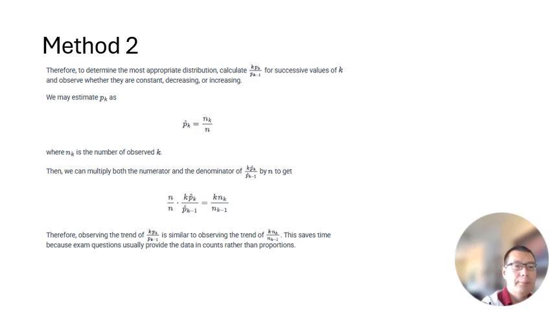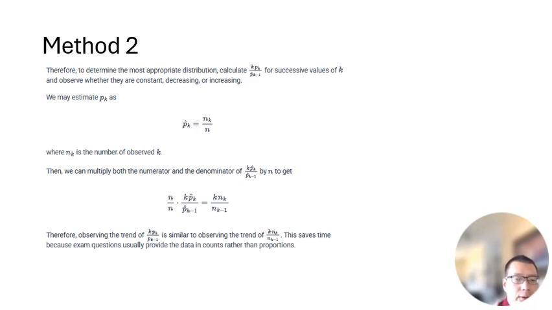We may estimate pk as nk divided by n, where nk is the number of observed k. Then we can multiply both the numerator and the denominator of k pk divided by pk minus 1 by n to get k nk over nk minus 1.